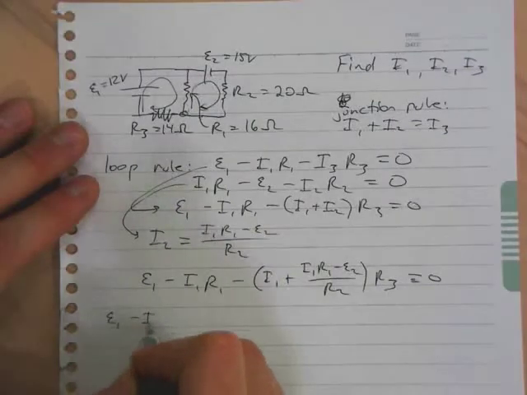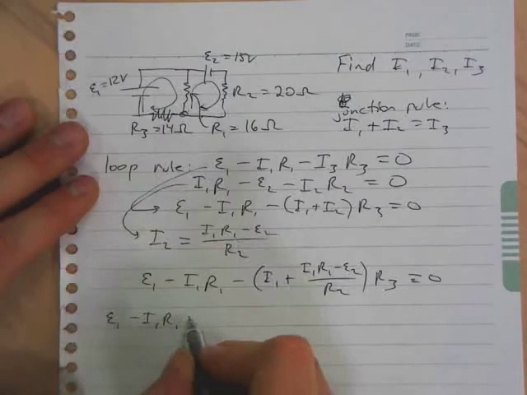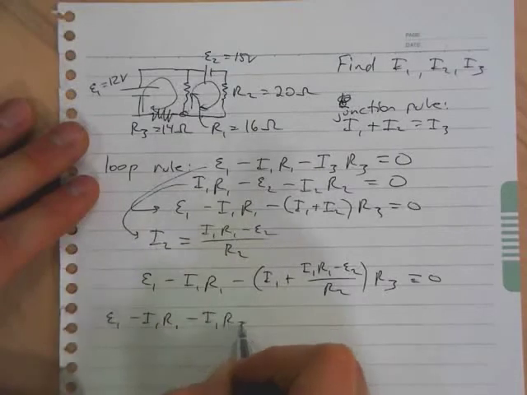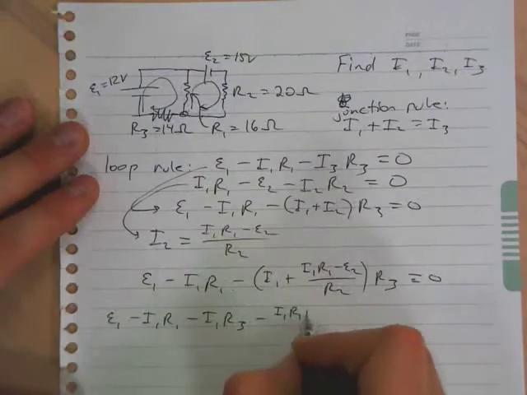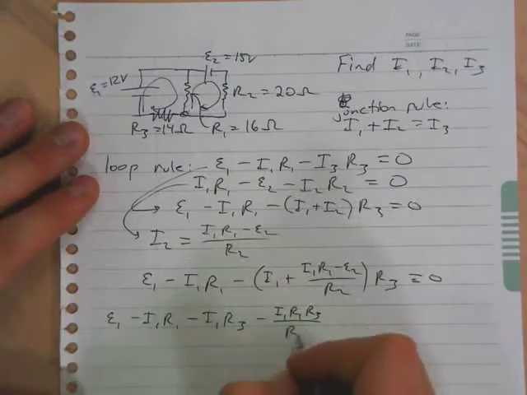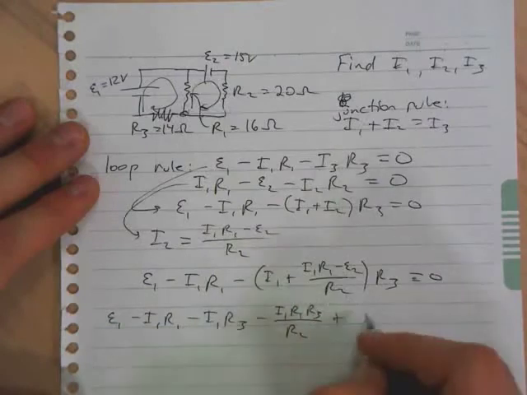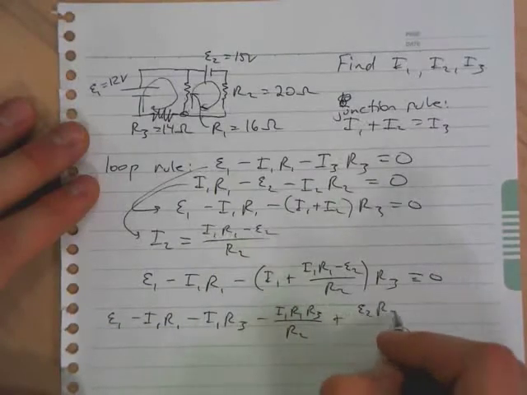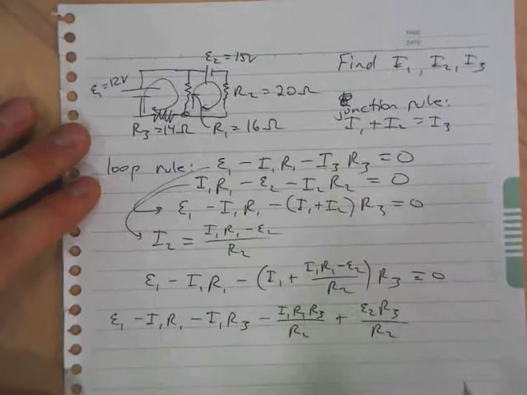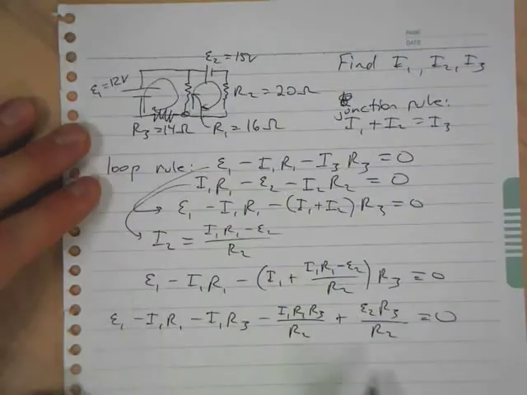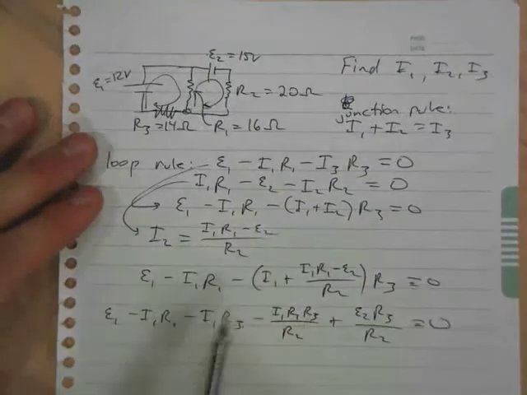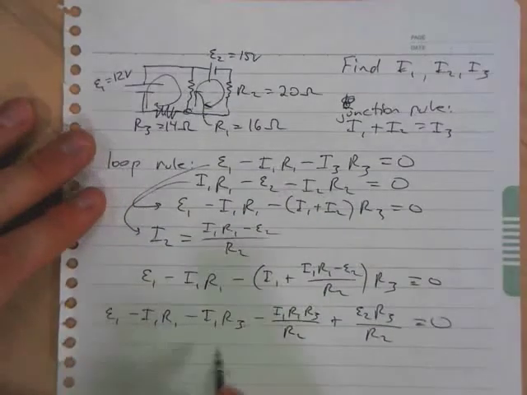We've got E1 minus I1, R1 minus I1, R3 minus I1, R1, R3 over R2, distributing the negative, plus E2, R3 over R2 equals 0. And if we look, everything has units of voltage, E, IR, and E.